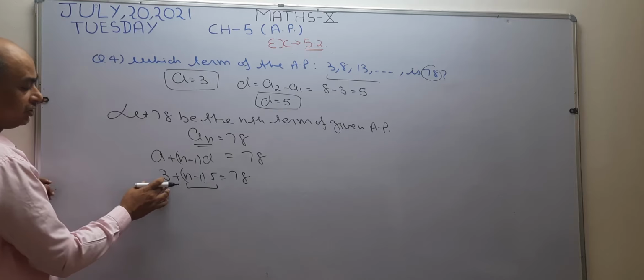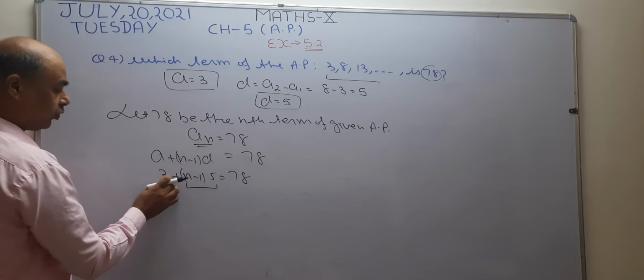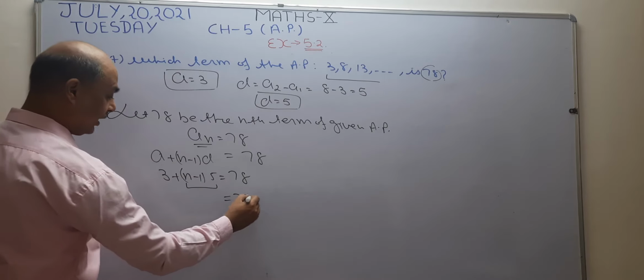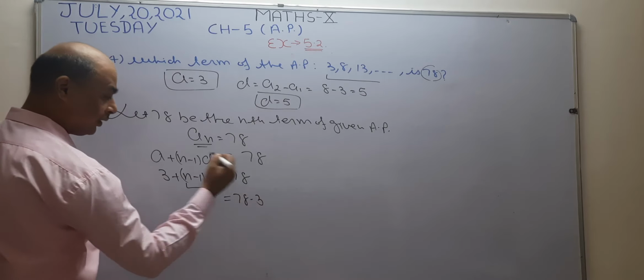For this I take this 3 from left to right. So this positive number becomes negative. What is left? (n minus 1) into 5. Now 78 minus 3 is equal to 75. Now I want to take this 5 from left to right. Since it is multiplication with n minus 1, it is going to divide 75. So n minus 1 is equal to 75 by 5. 5 1 is 5, 5 1 is 5, 5 5 is 25.